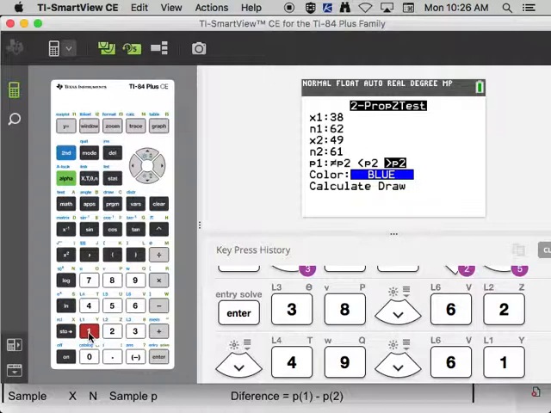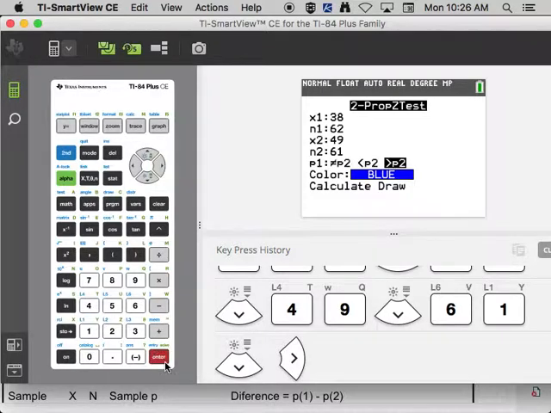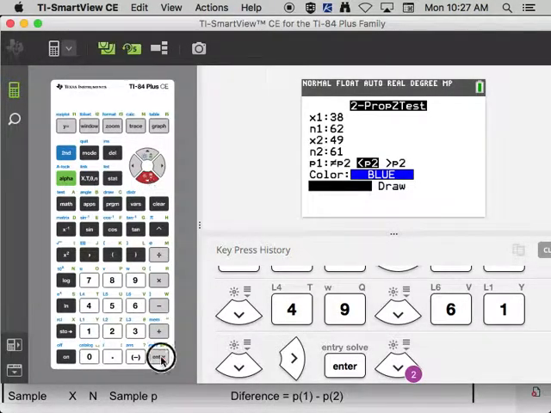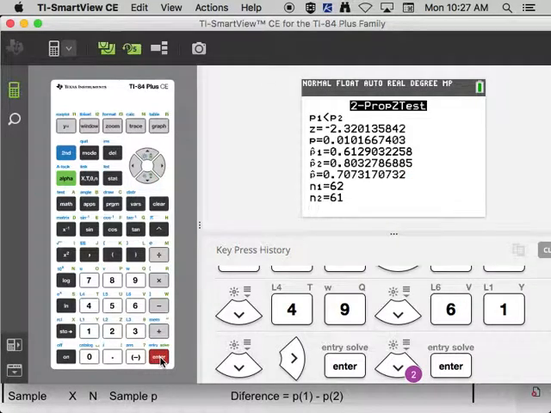So looking at this again, the way you should type this in is the first thing you wrote in your null, and then the second thing you wrote in your null. And then we think that it should be less than, right? Isn't that how we set it up? Calculate this. So again, the only two things you need here are what the z test statistic is and what your p-value is. Literally all that you have to write down for your two-step now.